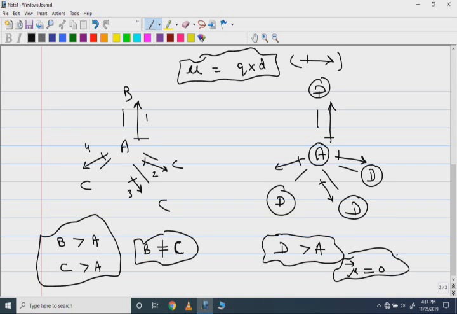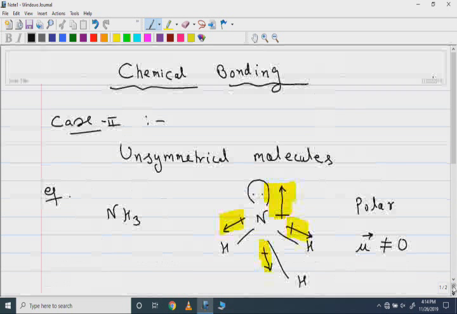Just use it here. See, the electronegativity of hydrogen and the lone pair is not the same. So whenever we find the resultant, it will not be cancelled out completely, so it will have a certain dipole moment.